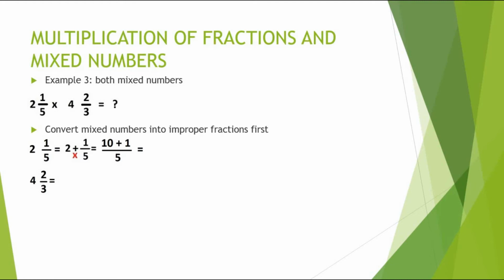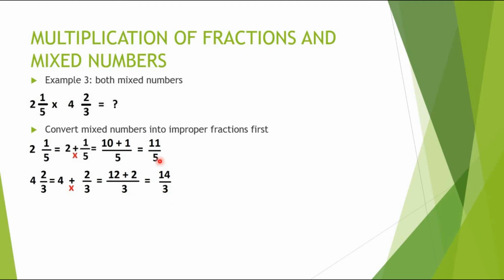So 10 plus 1 will be equal to 11, and we retain the denominator, which is number 5. Okay, so second mixed number, we multiply 4 and 3, and then add 2. So 4 times 3 is equals to 12, plus 2.